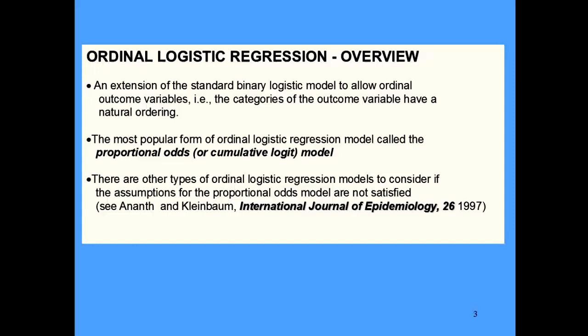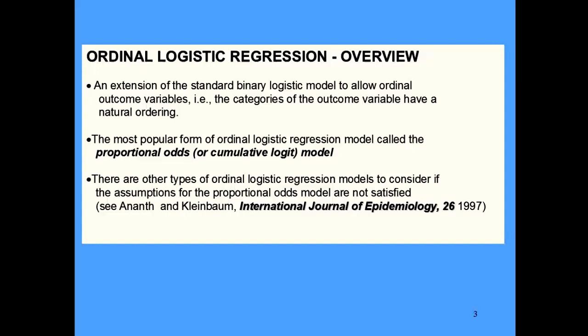Okay? What are your other choices? Well, there are some of these other types, and there's another choice that we've already just talked about. What's the other choice that you could use if you decide, I want to use the proportional odds model, but the assumption is not satisfied? Well, maybe just use polytomous.